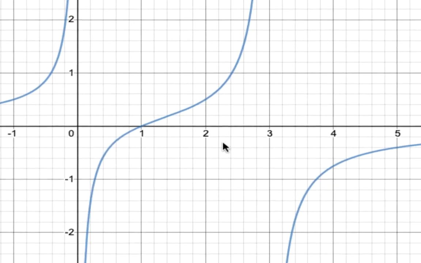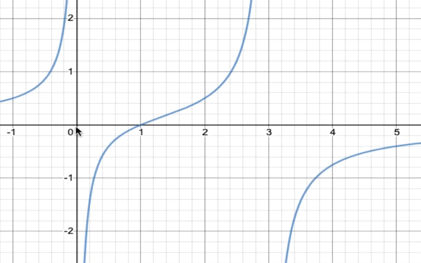So 0 and 3. But we are being asked to find the limit at 3. Notice what's happening, just looking at the graph at 3 here. As we are coming to 3 from the left-hand side, the function is increasing without bound. And when x is coming to 3 from the right-hand side, the function values are decreasing without bound.